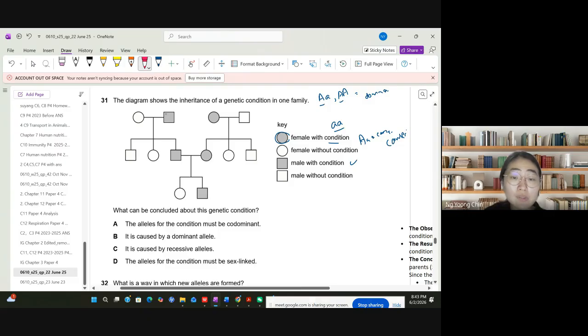You can generate your own possibilities. So this is the normal parent, and this is the affected parent. For example, when you think this condition is caused by recessive alleles, the genetic diagram is like this.